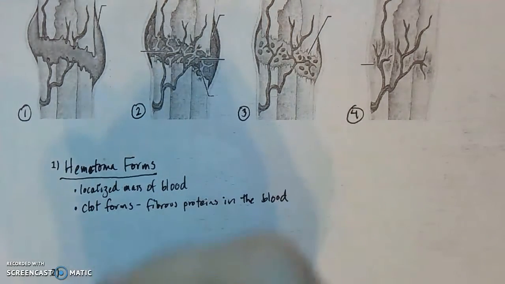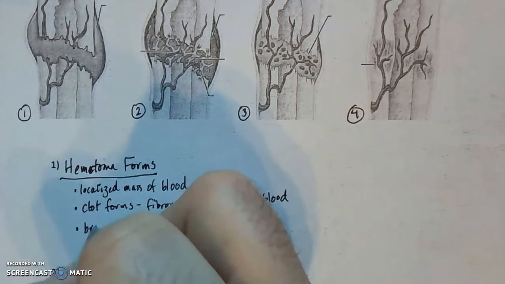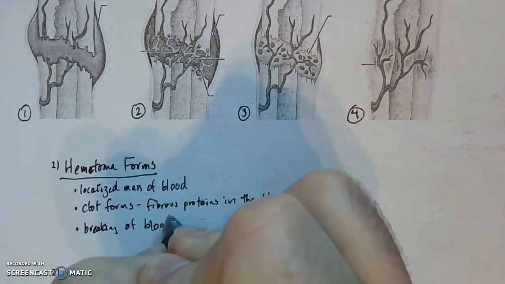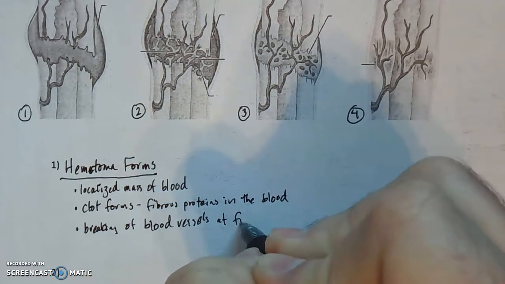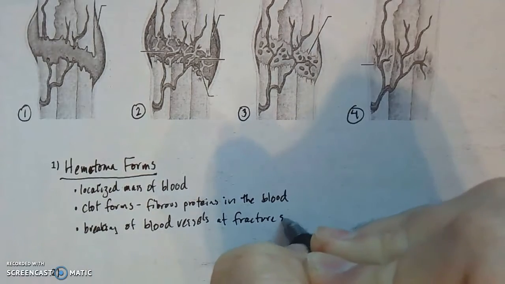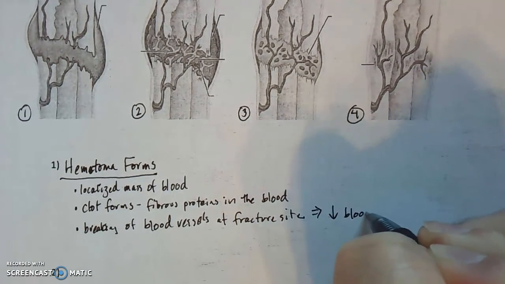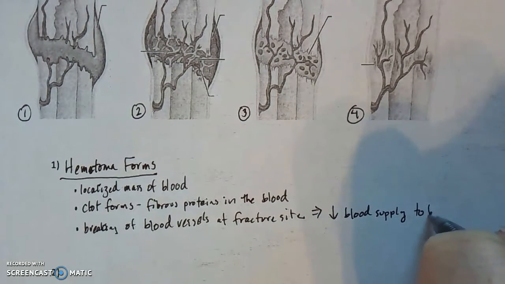And what happens is the breaking of blood vessels at the fracture site decreases the blood supply to the bone.